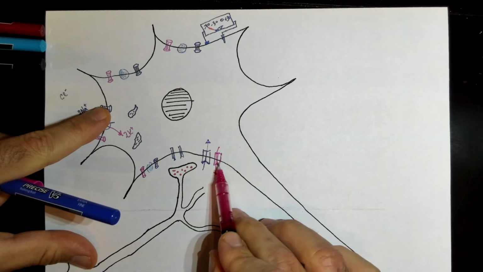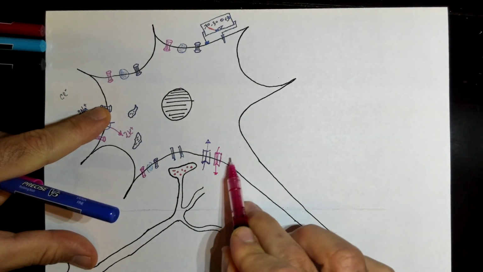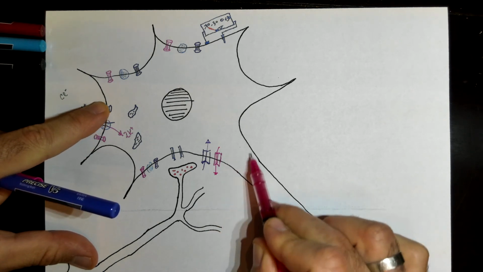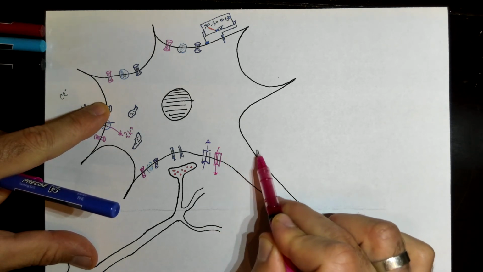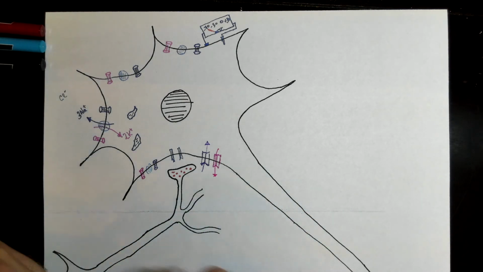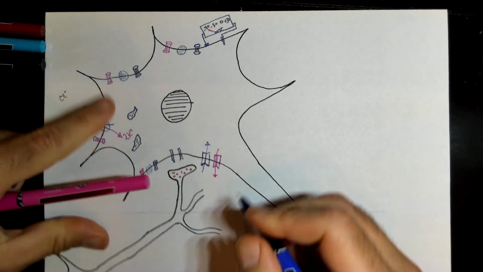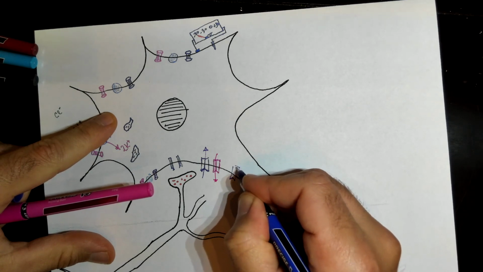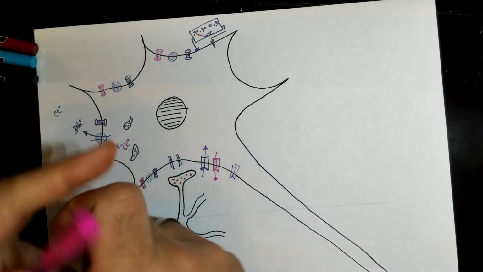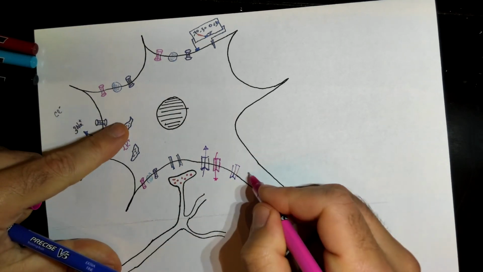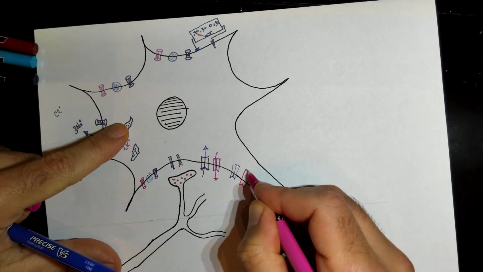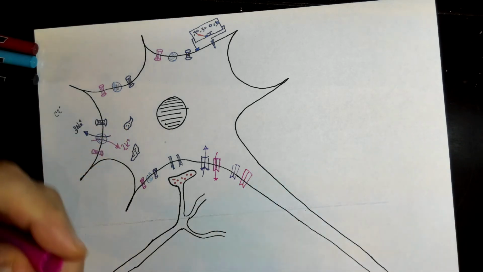And if this is strong enough, then we'll start going into this initial segment of the axon, sometimes called the axon hillock. And so what's going to happen in that axon hillock is that you would have another set of ligand-gated channels. And it would move sequentially, meaning like a domino effect.